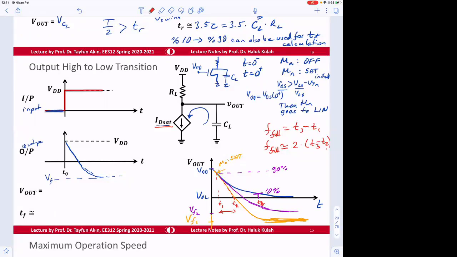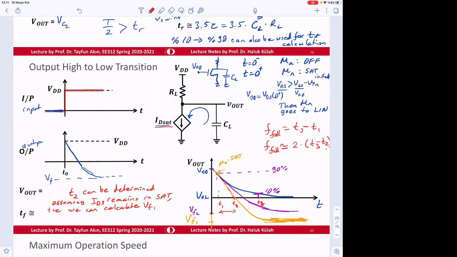So we can find the value, T2 can be determined assuming IDS remains in SAT, because if that's the case, then we can calculate VF1.